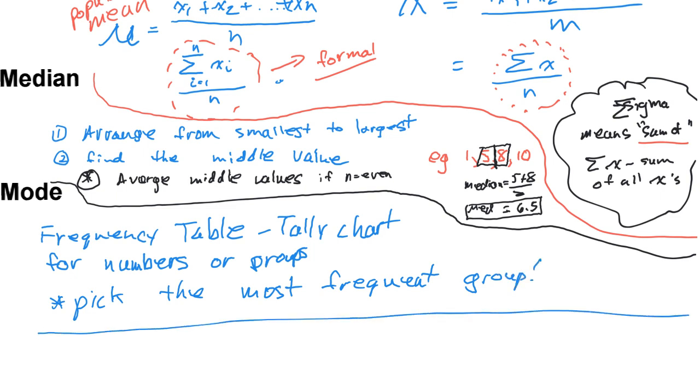Okay, that is what frequency tables do. It actually helps us figure out which things happen the most. Now, the one thing I want you to recognize with a mode is that sometimes there is no mode, and you'll see that within our work. And sometimes there could be multiple modes. Multiple modes could be possible in our work.